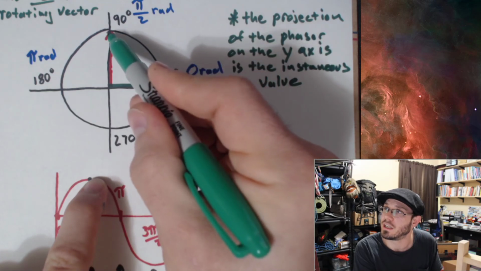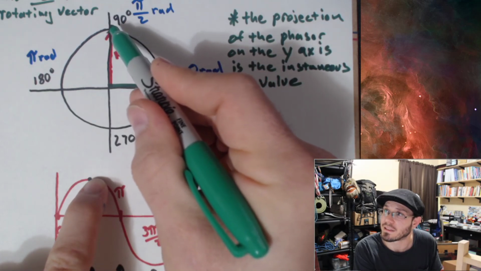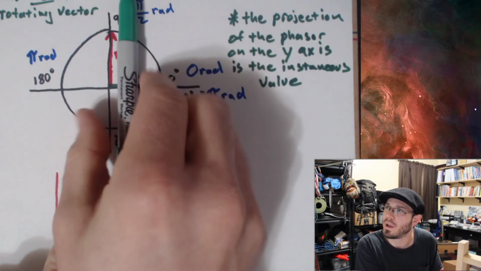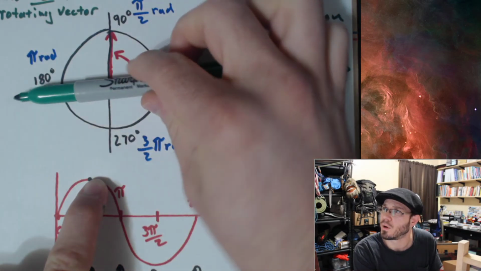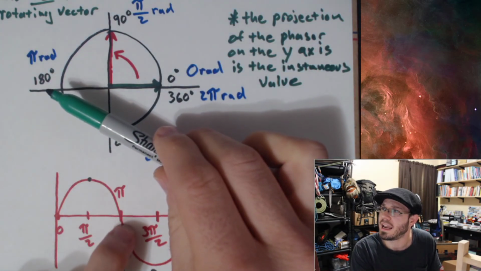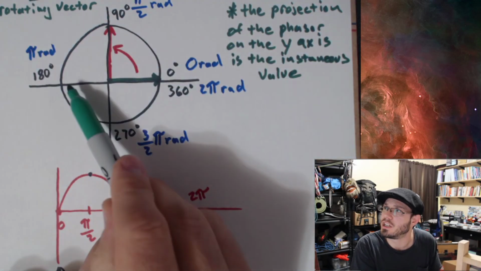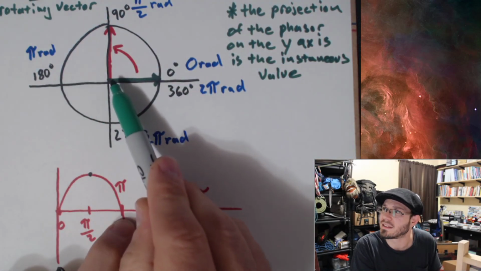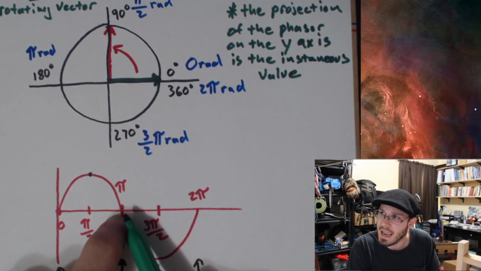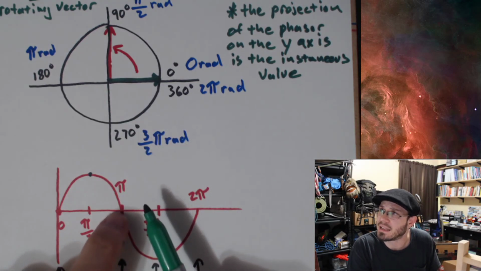That's the projection along the y-axis. Okay, when we allow that phasor to again rotate over to 180 degrees and we go back to 0, again, the projection on the y-axis tells us the instantaneous value, which is at 0.